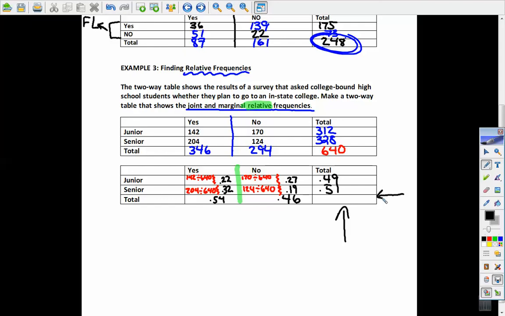So when you're looking at marginal relative frequencies, you'll know you've done this table correctly if your totals right here are always what value? 1. Okay? Marginal relative frequencies. When you hear the word relative, they're basically saying turn stuff into a decimal.